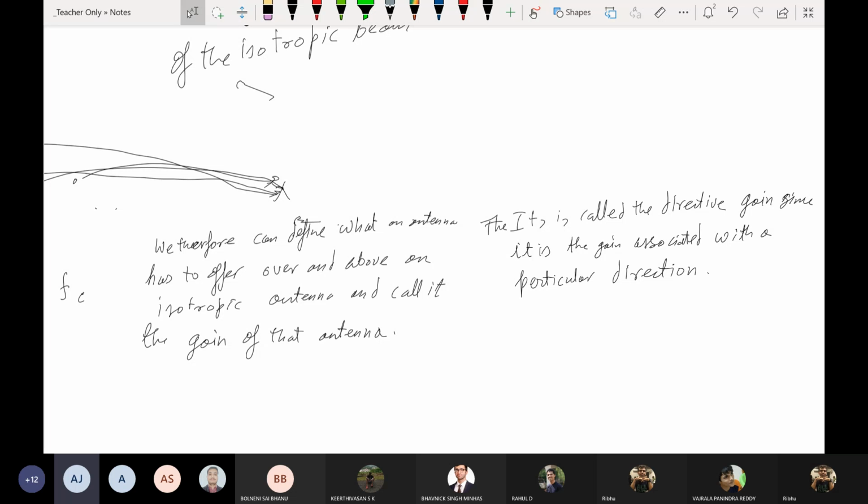Sir, but an antenna can increase the strength of the signal, right? An antenna is a passive element, that we must be clear. It can only transmit what we give it. There is no additional source of power.